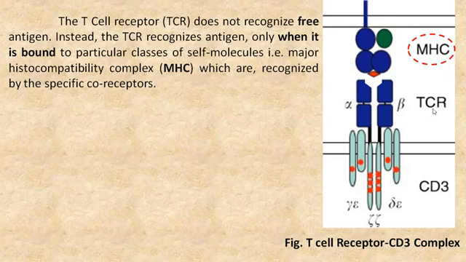Instead, T cell receptor recognizes antigen only when it is bound to a particular class of self molecules, that is major histocompatibility complex molecules, which are recognized by specific coreceptors.